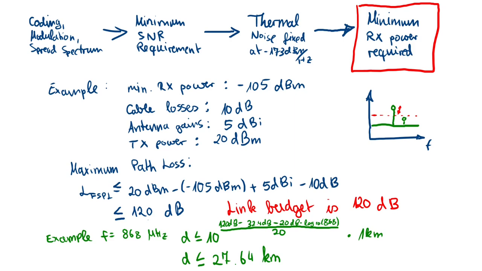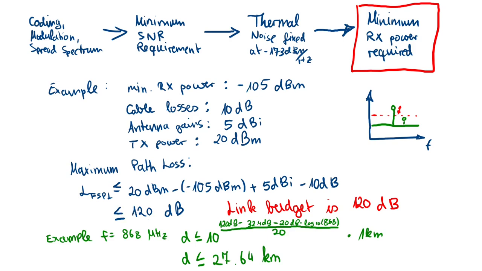So we know that a path loss of 0 dB would be okay, a path loss of 80 dB would be okay, still a path loss of 120 dB is okay, but 130 dB is not okay, because the received power will be lower than this minimum requirement.